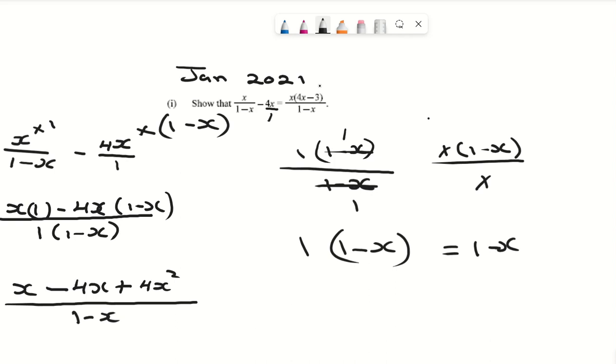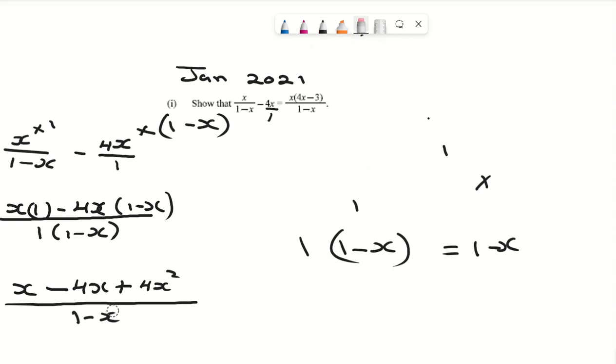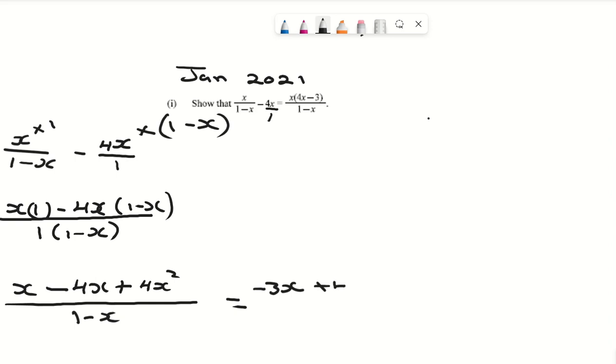Now we see a bracket here, and usually when we have an expression like this and we see a bracket, it means we factorize. So let me just erase this. Now we see x minus 4x. So this would be minus 3x plus 4x squared all over 1 minus x.